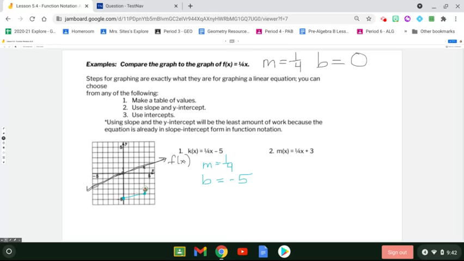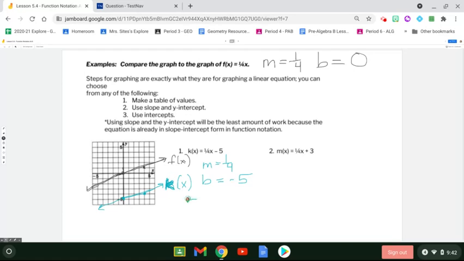So all this question is asking you to do is talk about how many units up or down this graph has shifted from the graph that we have done for f of x. If we compare k of x, which is 1/4 x minus 5, to the original one that we did in black, f of x, which is 1/4 x, how many units did it shift down?